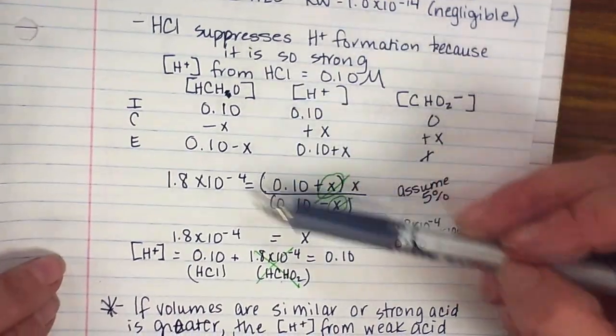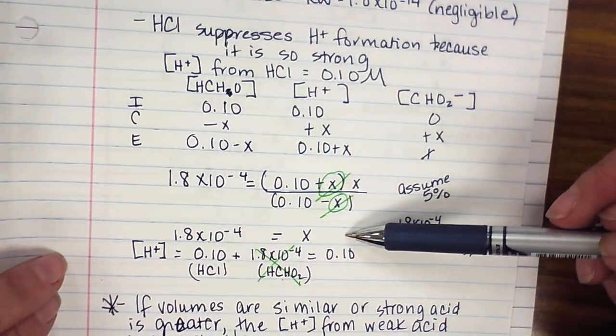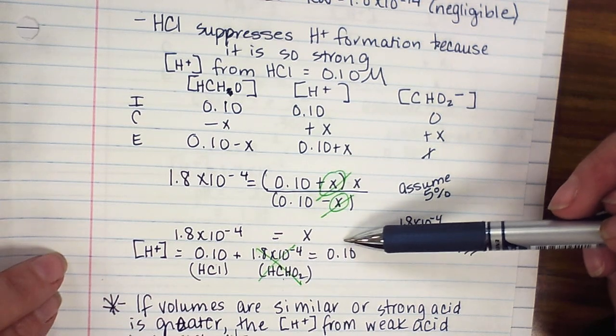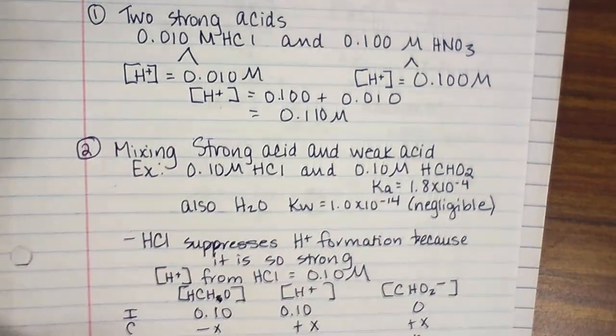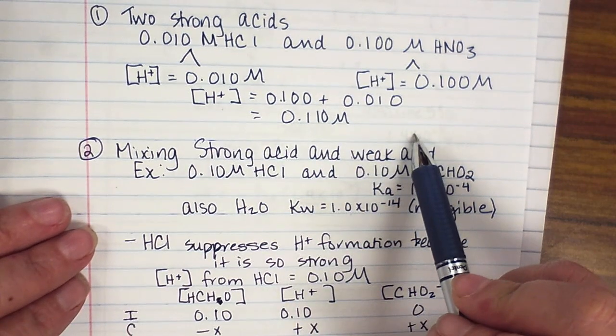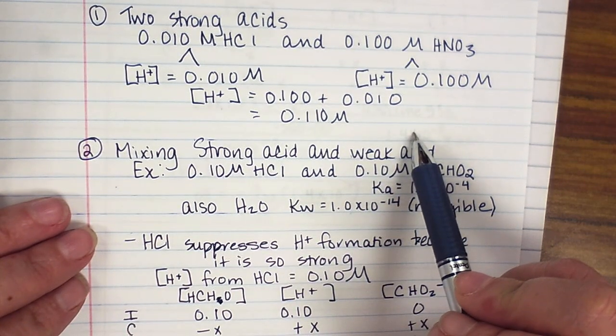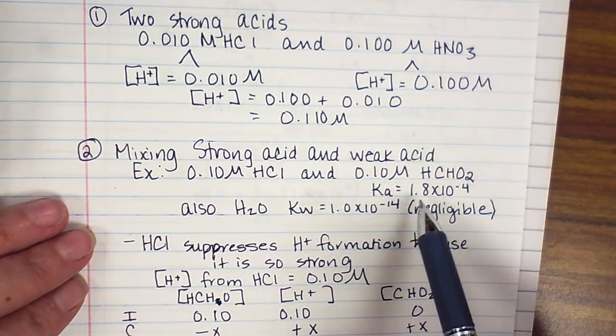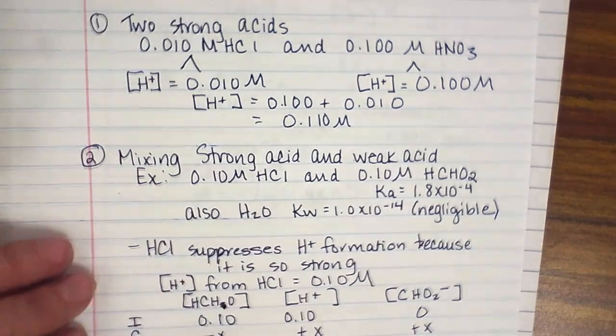And so this was a really important example to run because this sets the tone for all of the other ones, all right? If it's two strong acids, then you add them together because it's 100% dissociation.